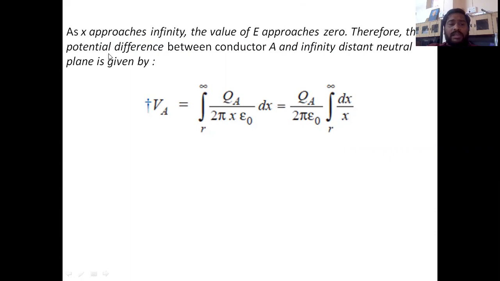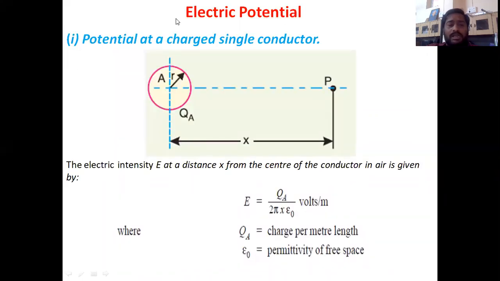Therefore, the potential difference between conductor A and the infinite distance neutral plane is given by VA is equal to the integration from R to infinity of QA upon 2 pi x epsilon 0. Why do we take the integration? Integration considers the total effect from the radius R, the outside conductor surface, to the distance of point P, that is small x.